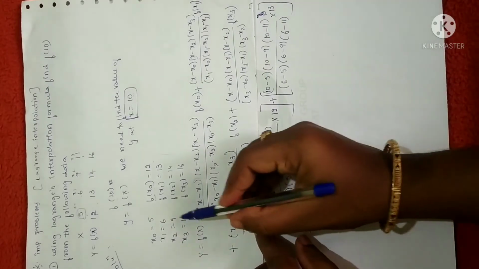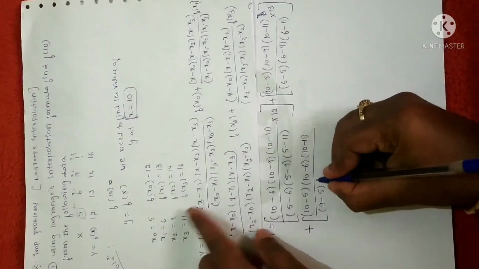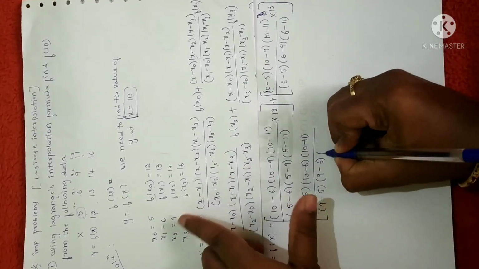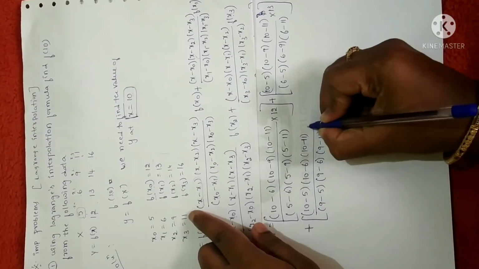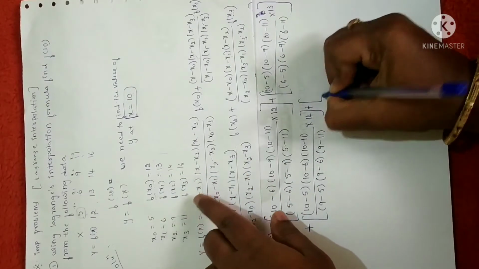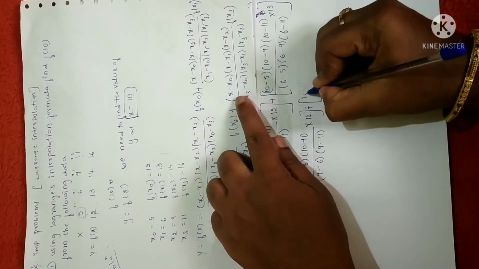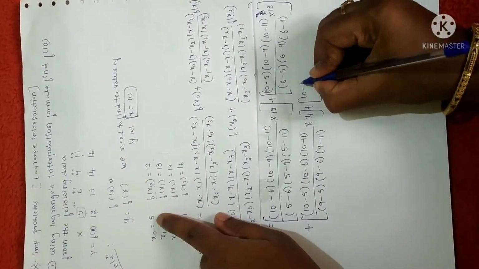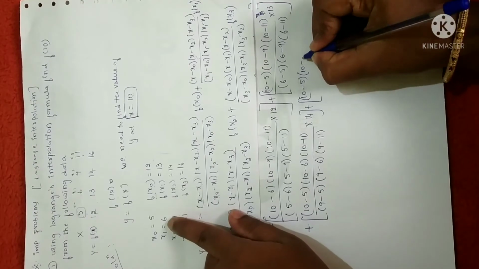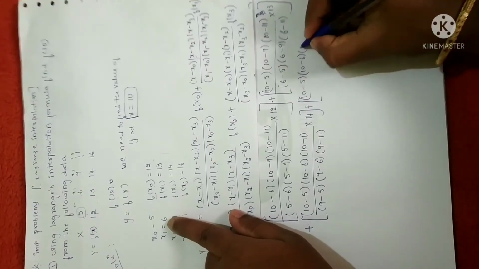That is x2 is 9 minus x0 is 5. Next, x2 is 9 minus x1 is 6, x2 is 9 minus x3 is 11, into f of x2 is 14, plus, next last term, x is 10 minus x0 is 5, next x is 10 minus x1 is 6, x is 10 minus x2 is 9.